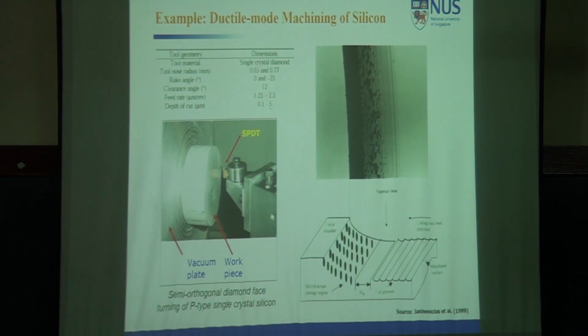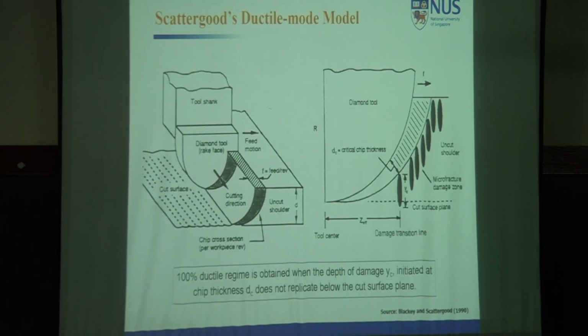So this is the example. Now, these are the few factors you should remember. What he is doing is moving from here to there and increasing the feed rate, to get a 100% ductile regime when the depth of damage is YC. The reverse case is milling.